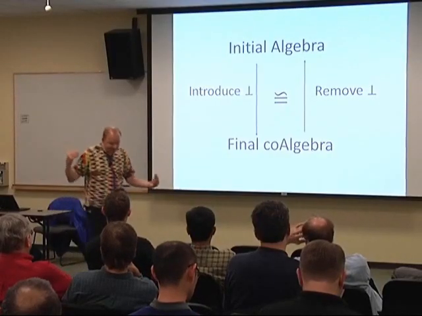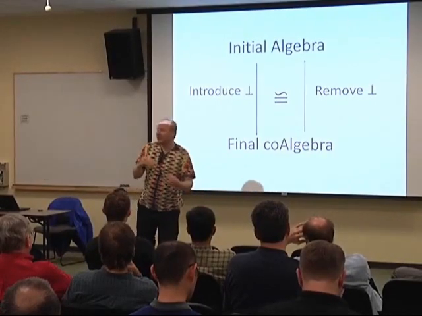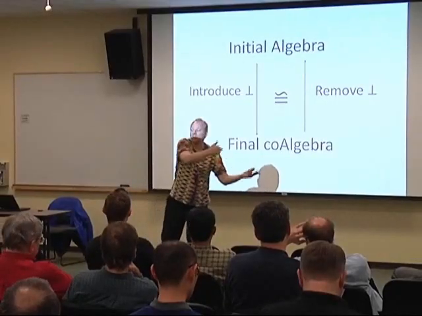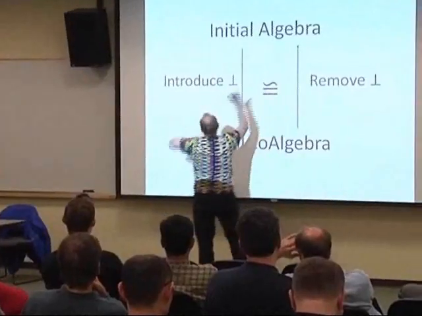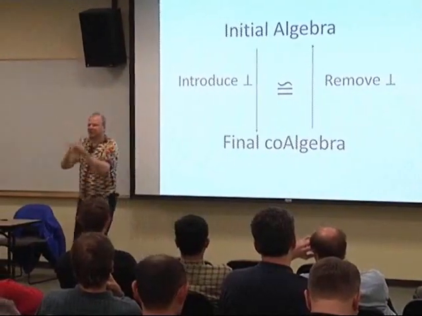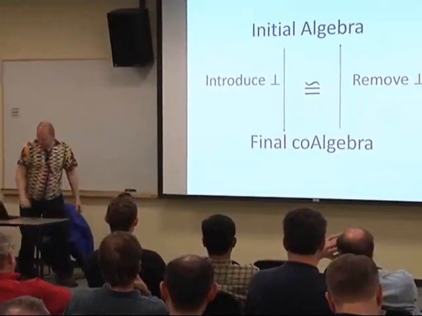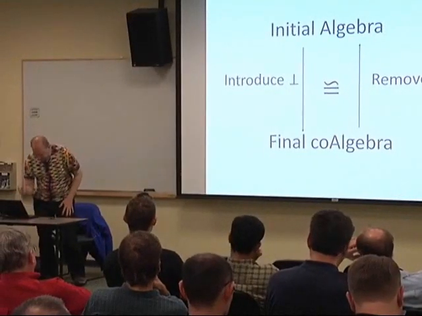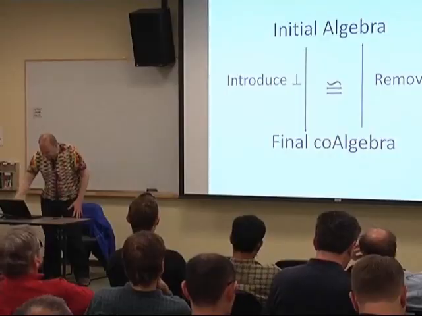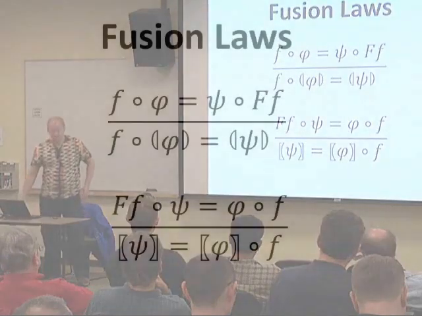If I go from infinite to finite, well, things can go wrong because I might have something that doesn't terminate. So there is some magic, like dark matter, that is involved in going between those. And I'll show you later that this dark matter shows up again and again.